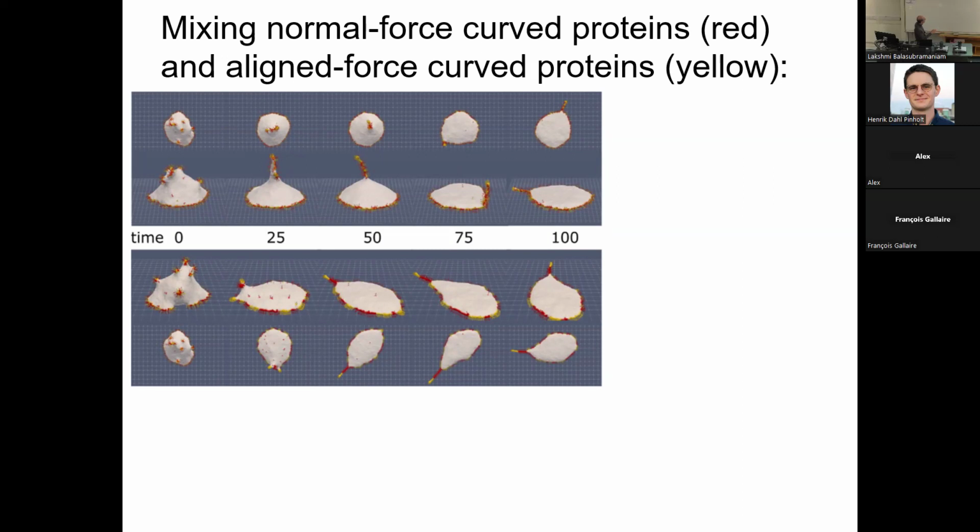But this red is highly curved proteins. They don't want to go into this flat region, neither do the yellows. So actually you are reduced to a one-dimensional system where coarsening is blocked by these traffic jams. Each one of these domains is blocking the further coarsening of red to red and yellow to yellow.